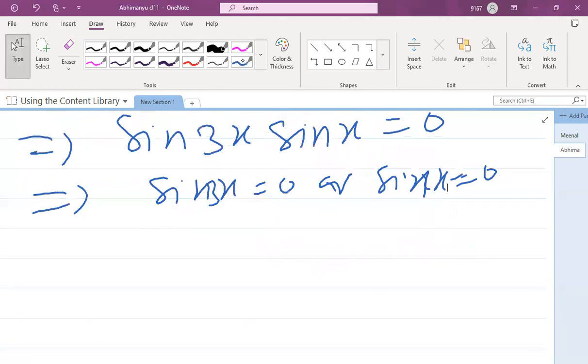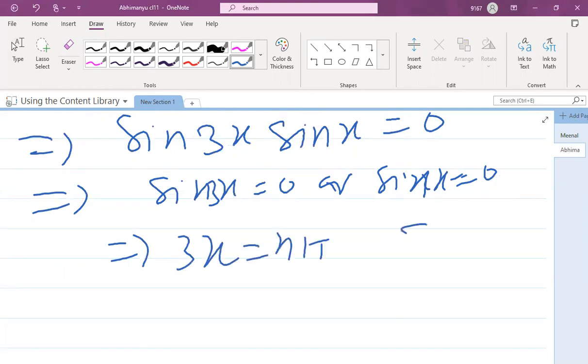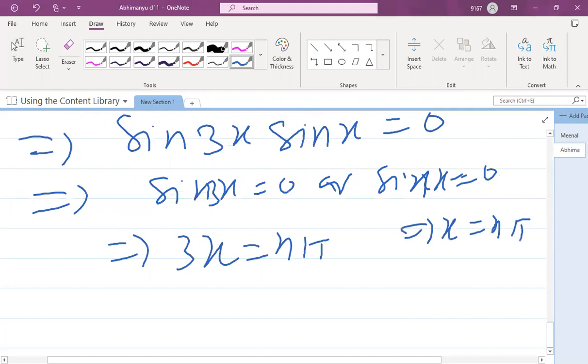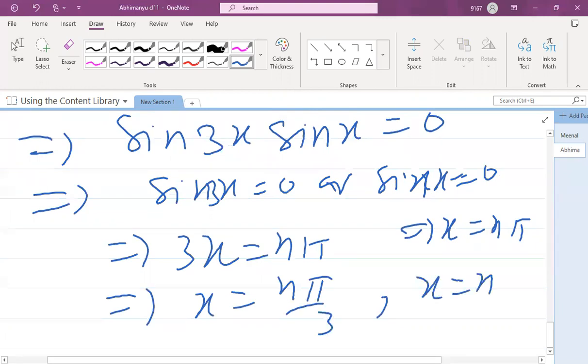If sin 3x equals 0, then 3x equals n pi, so x equals n pi over 3, and from sin x equals 0, x equals n pi, and n belongs to Z. So this is the answer.